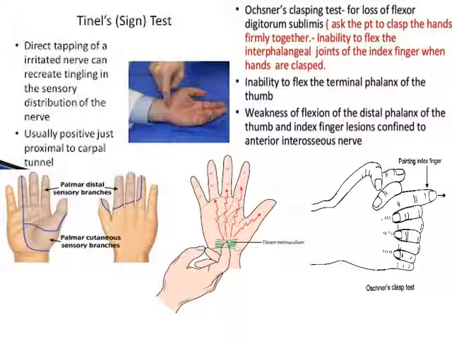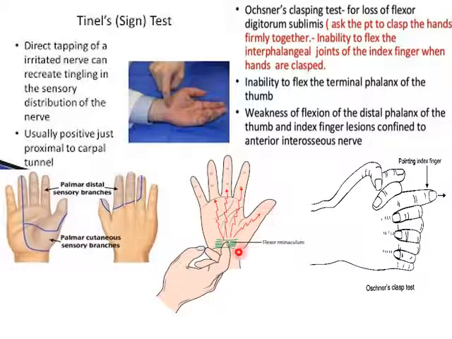So the other test is Tinel's test. By tapping the median nerve at the wrist, over the flexor retinaculum or just proximal to the flexor retinaculum, it also causes tingling and numbness to the lateral 3.5 digits.